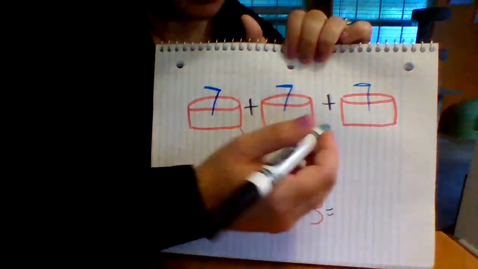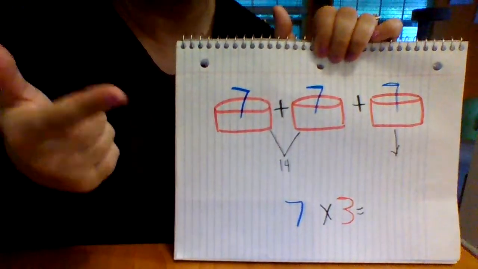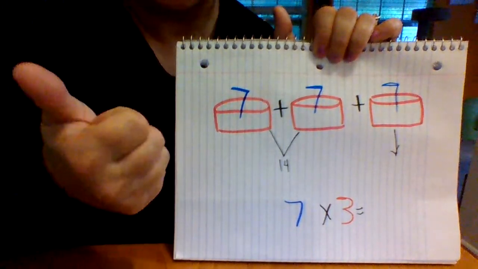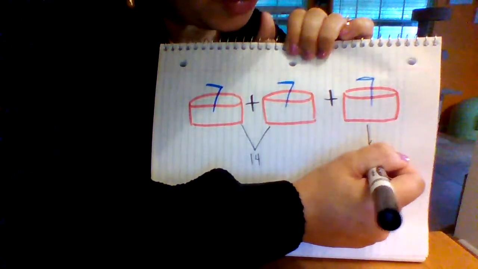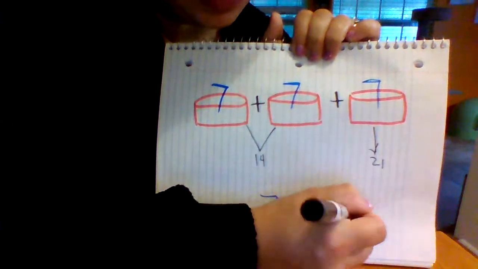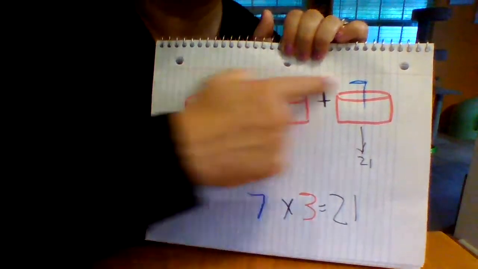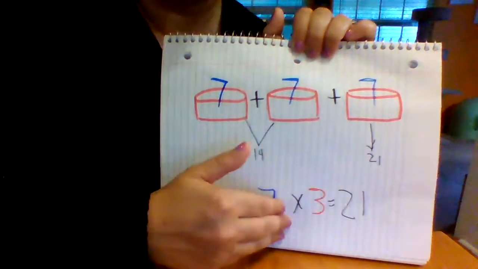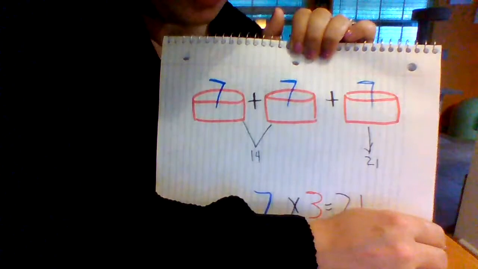And then we can add 7 more. 14 plus 7, 14, 15, 16, 17, 18, 19, 20, 21. 14 plus 7 is 21. Okay, so 7 times 3 equals 21. All right, we used repeated addition to help us find the answer to 7 times 3 in case we don't know that fact, okay?